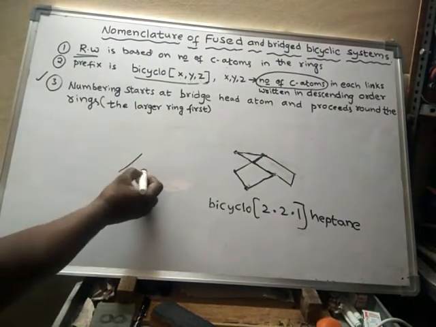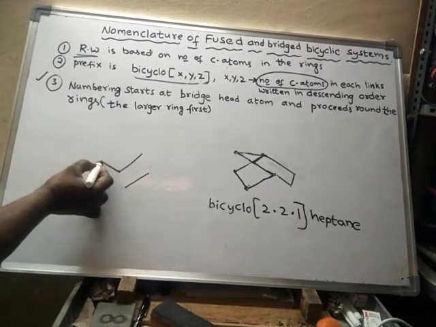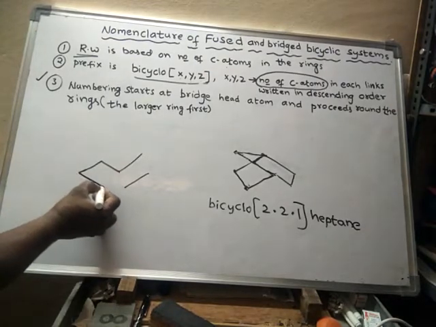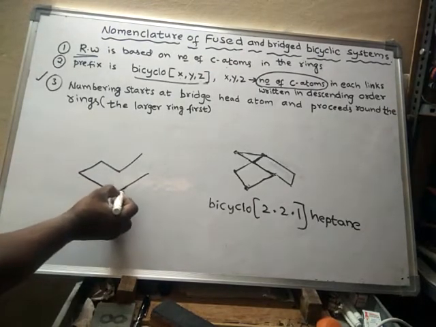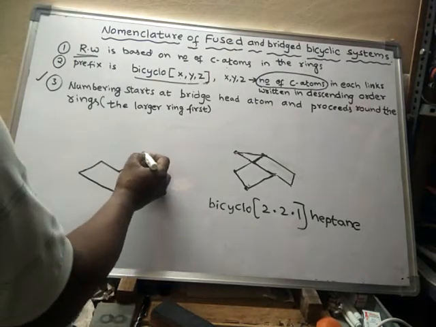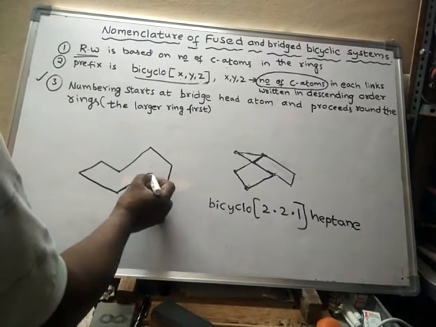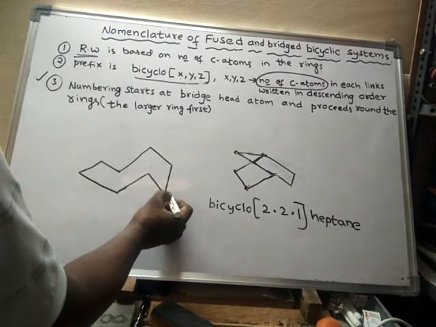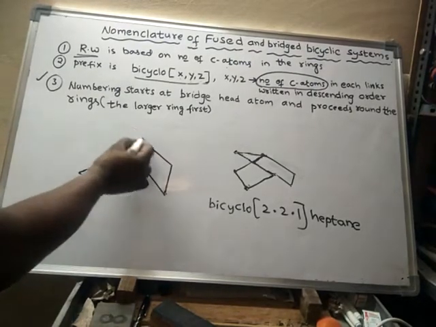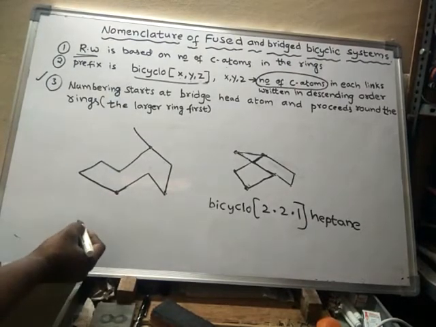What is the name of this compound? This is one bridgehead carbon, this is another bridgehead carbon.